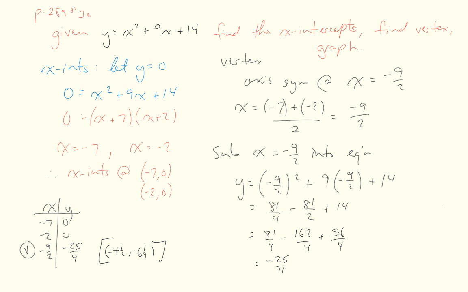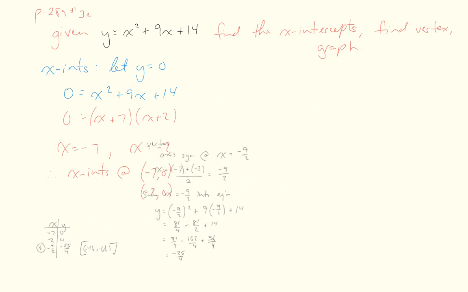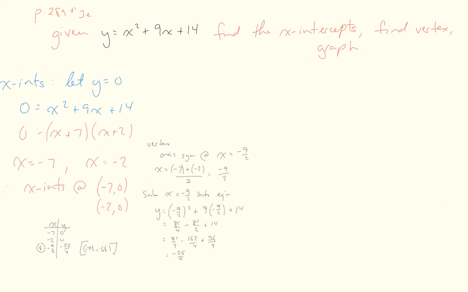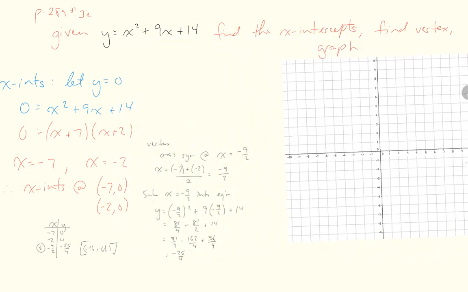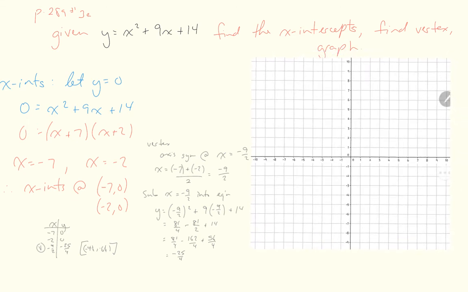So if I wanted to graph this, I would move some of my stuff out of the way here. All right, so I know I have some x-intercepts here at -7 and -2. I'll put those on, (-7, 0) and this one at (-2, 0).